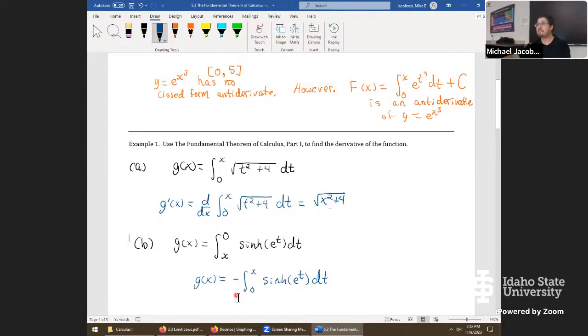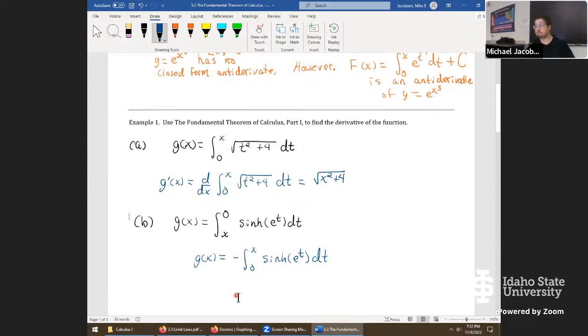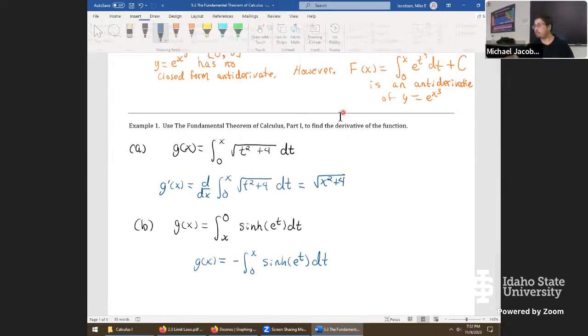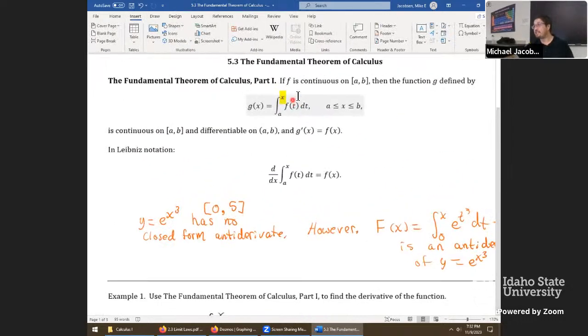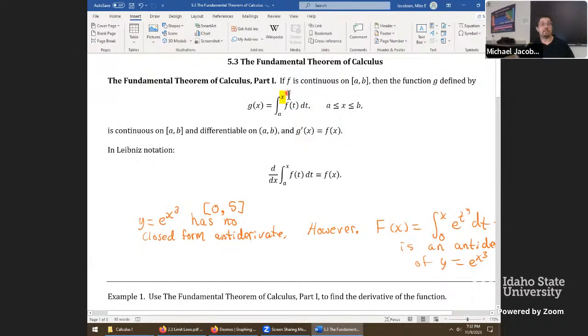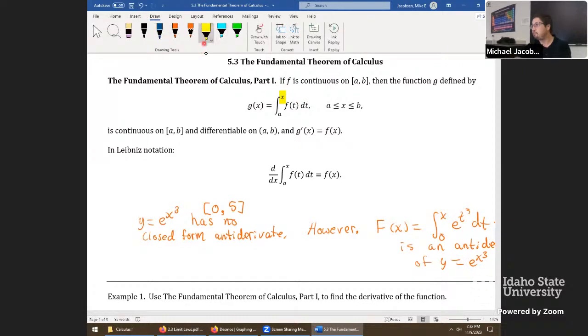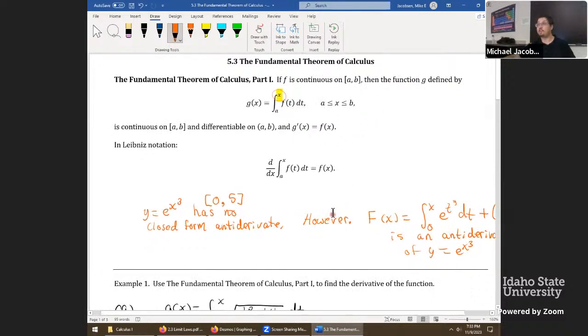That's our new g of x function. Does that make sense on that step? Yeah, go ahead. Why can't it? Well, the way this is proved right here, it has to be x above. The only reason for that is the theorem right here directly requires that x. Okay. Other questions about that so far?